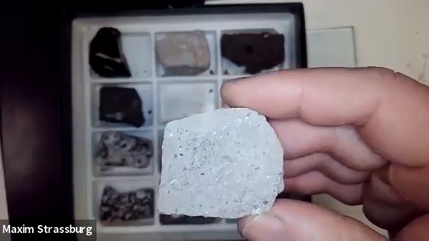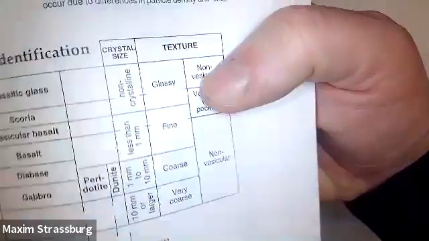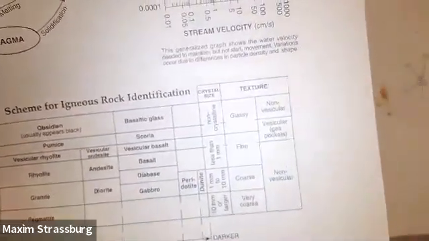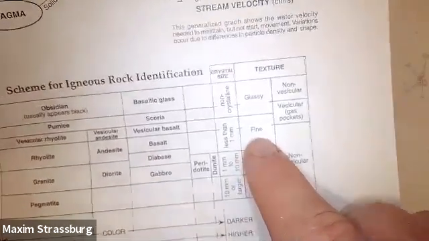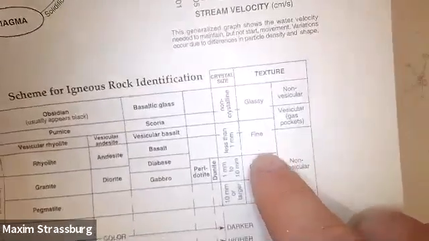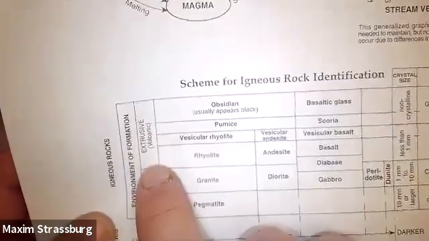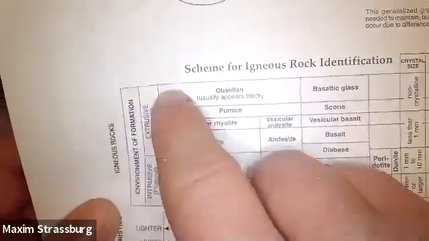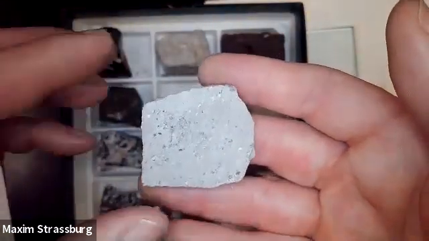So I'm still going to classify this texture as fine. It's got fine texture. And most of our fine textured rocks are still going to be classified as extrusive or volcanic, meaning they formed on the outside of Earth.